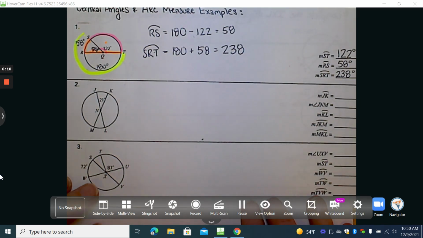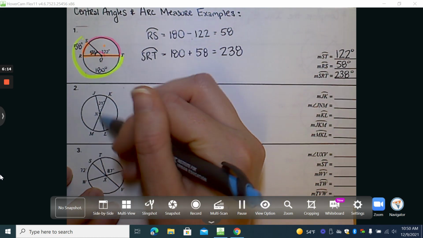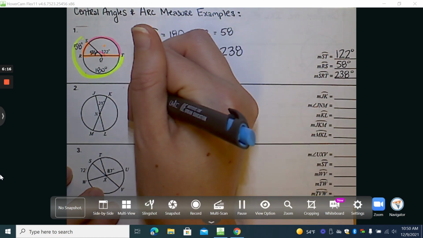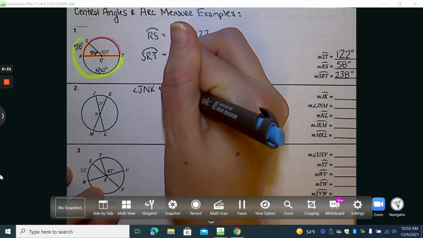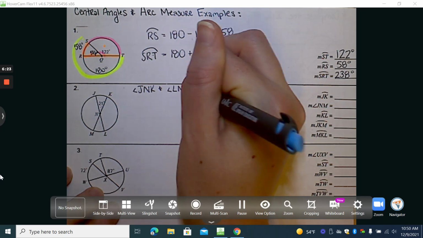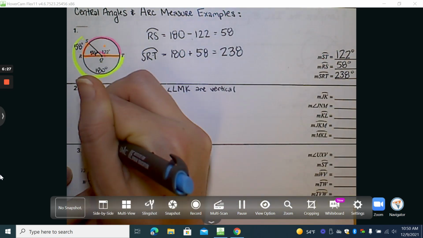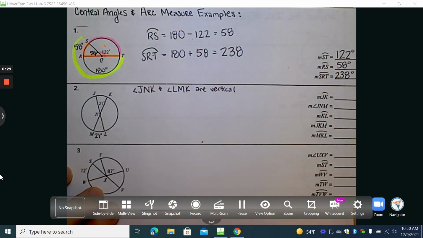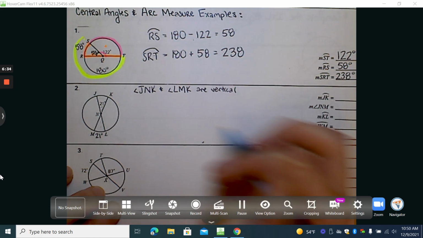All right. Number 2, we're going to start using some vertical angles here. Notice these ones across from each other are vertical. Angle JNK and angle LMK are vertical. So that means that this one is also 21 degrees over here, right? I got 21 degrees here, 21 degrees here.